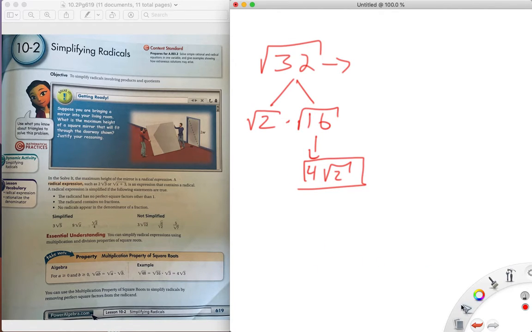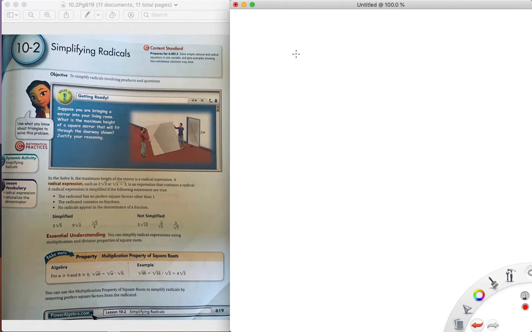Another condition of a simplified radical expression is that there are no fractions. You can't have a radical that's a fraction like this.